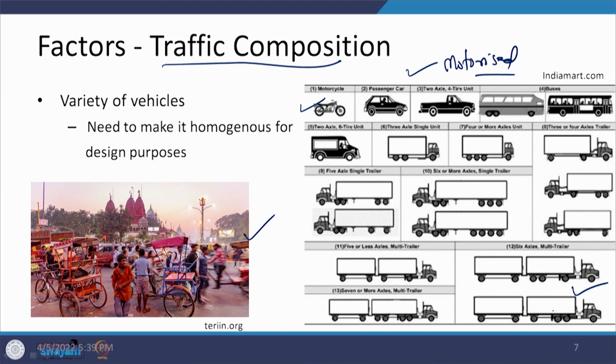So, you can understand that there is a wide difference in the dimensions, there is going to be a wide difference in the space occupied on a road, and there is going to be a difference in terms of speed.